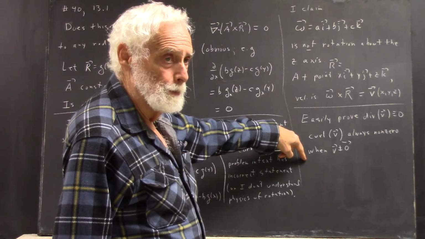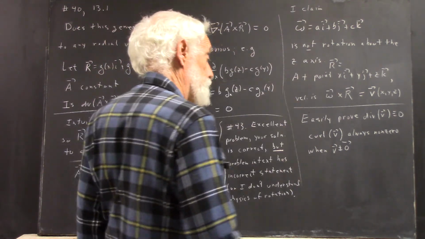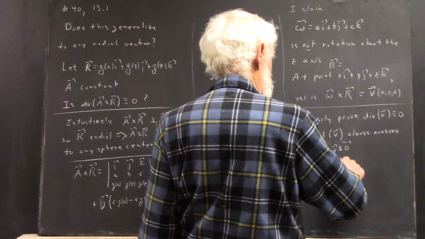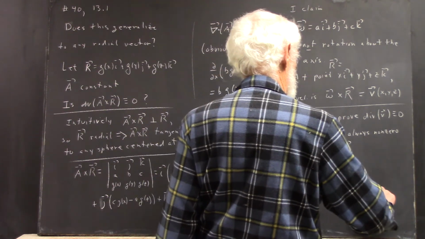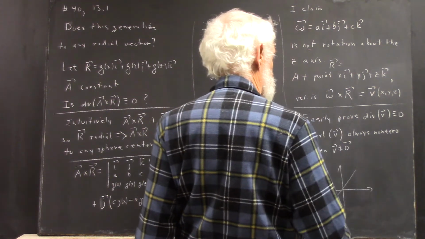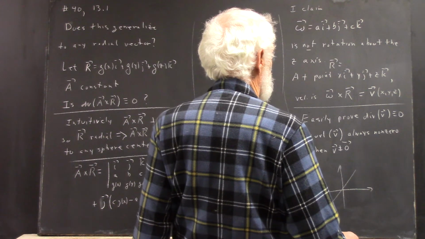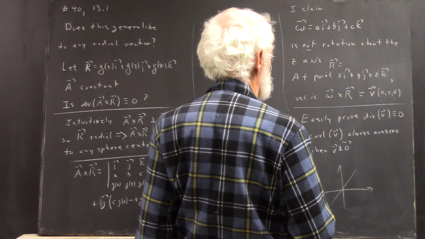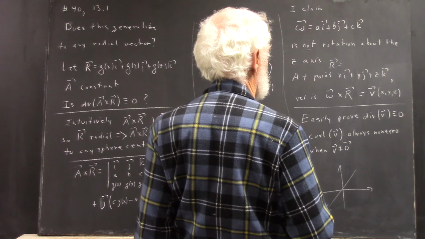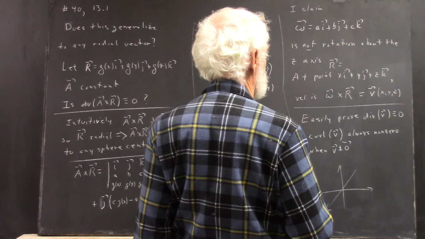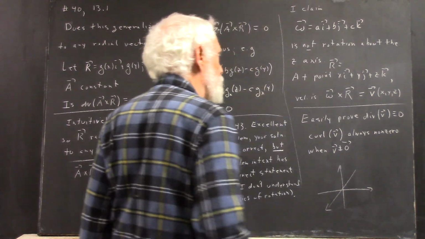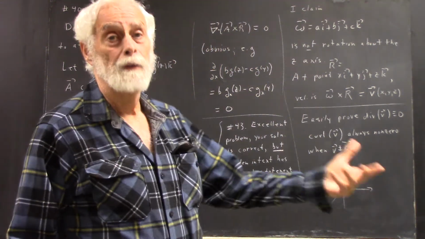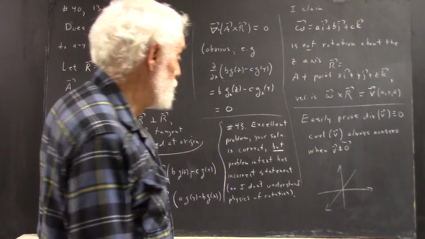Anyhow, this is easy to prove, and it's basically just, you know, here you got your X, Y, and Z coordinate system. And I think you do need to say rotation about an axis through the origin.